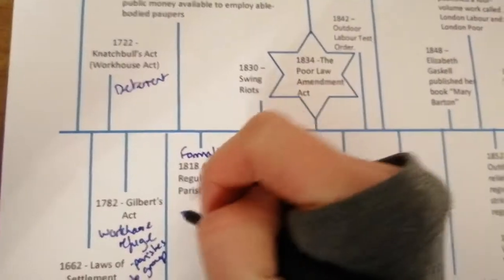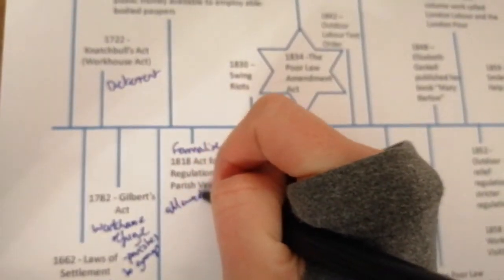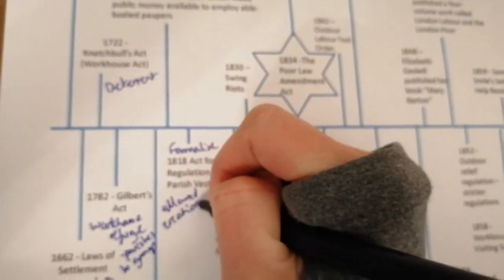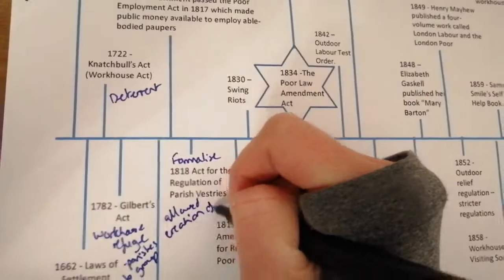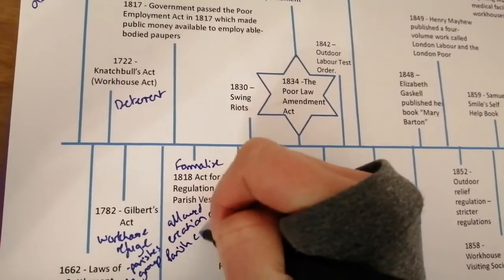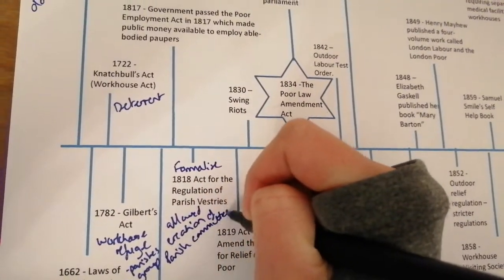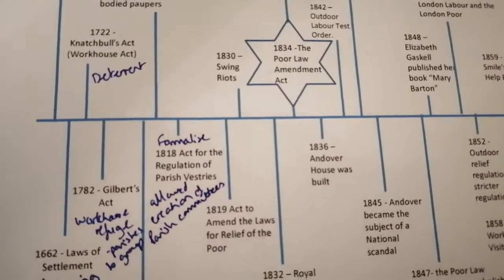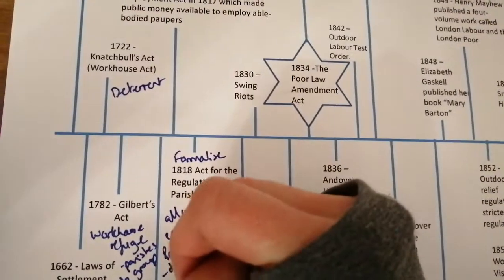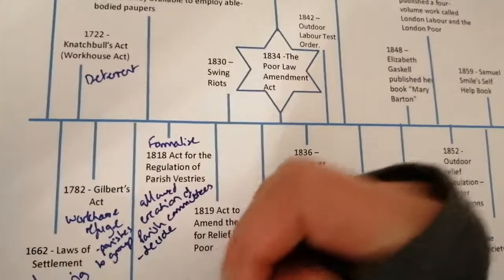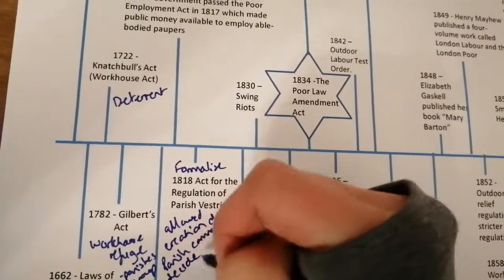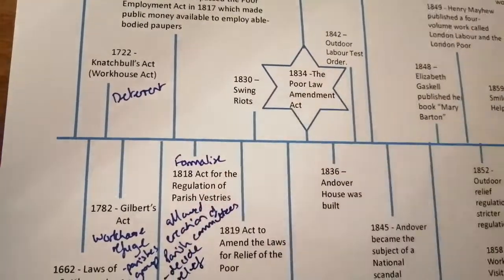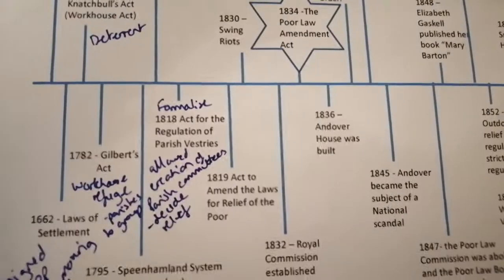And this act allowed the creation of parish committees, and they are the ones that get to decide the relief. So rather than it being a bigger responsibility from the government, actually they're giving the ownership back to these private individuals.